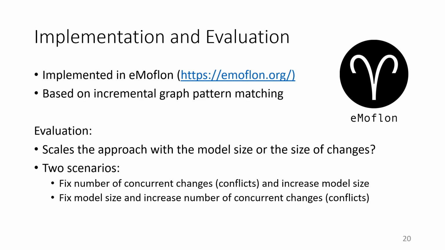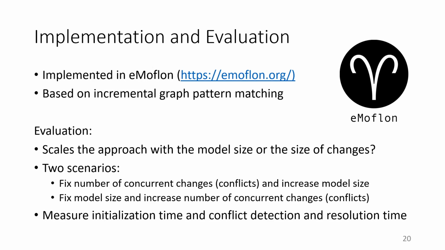So we investigated two scenarios for this purpose, where first we fixed the number of concurrent changes to our models and increased the model size steadily. And then second, we fixed the model size and increased the number of changes. And for both scenarios, we measured the initialization time, where we find all matches for the still consistent models. And then we measured the time it takes to apply the deltas, detect conflicts, and restore consistency.